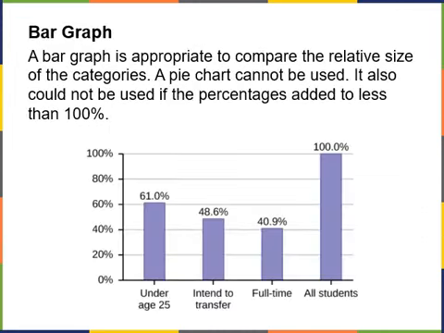So in this example, we typically will use a bar graph. A bar graph is appropriate to compare the relative size of these categories. For example, in this bar graph, you can see that all of our students are 100%, okay? But only 40% of them are full-time. However, 48.67% intends to transfer, and 61% of them are under the age of 25.